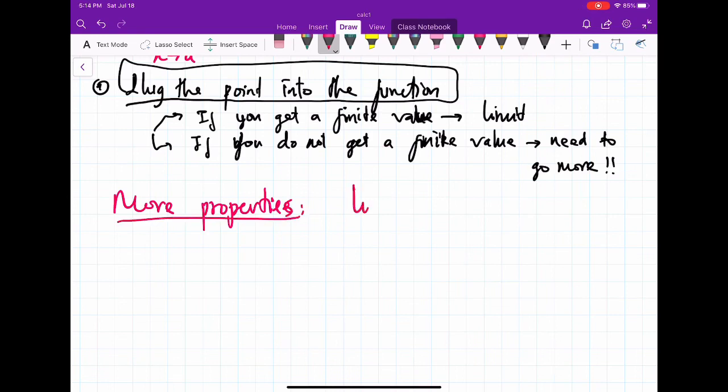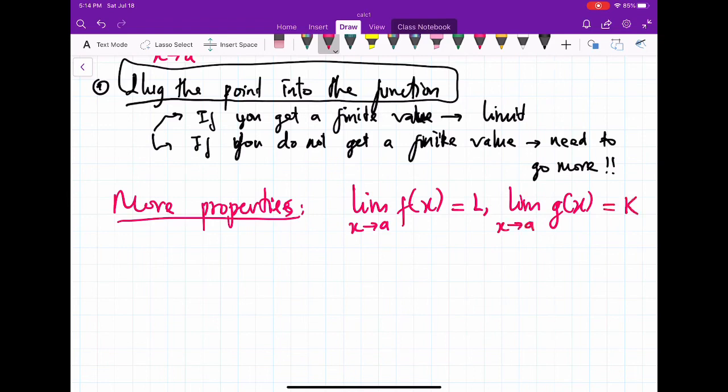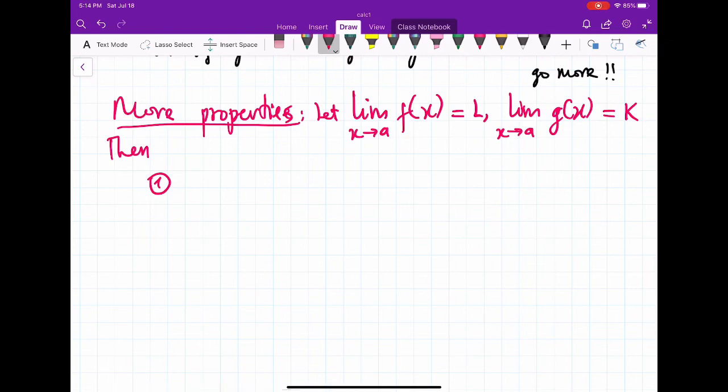All right, suppose that you have the limit of the function f of x as x approaches a equal to L, and the limit of g of x when x approaches a equal to k. Then we have the limit of c f of x equal to cL when x approaches a.